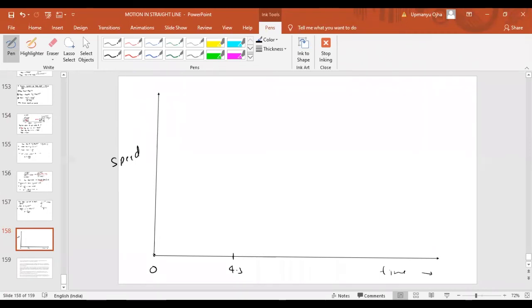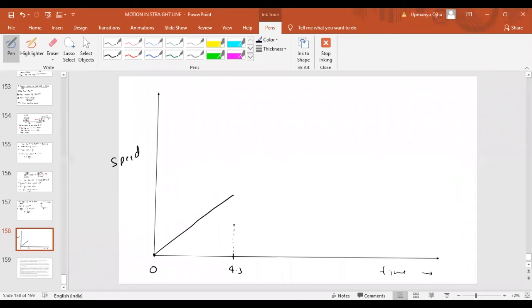This is a constant acceleration type graph, so it would be a straight line when it reaches the ground for the first time, up to 4.3 seconds.